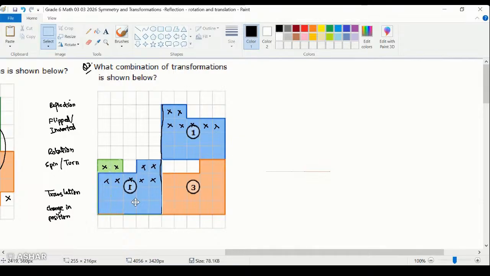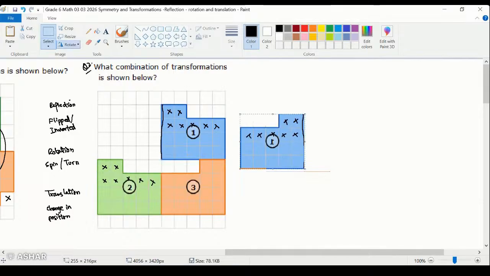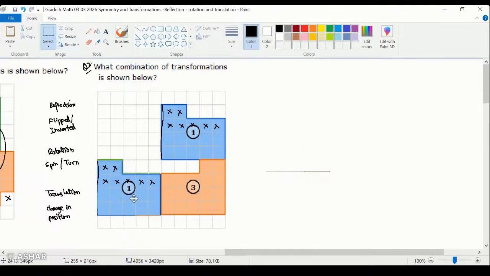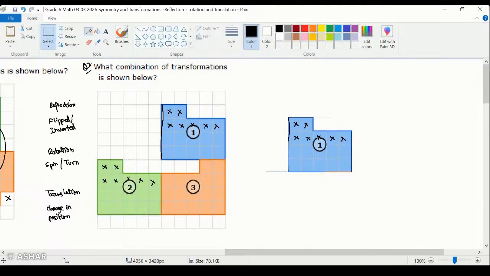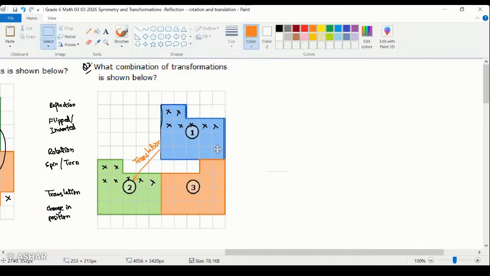But shape number 2 is not like this. Shape number 2 is exactly the same. Only the change done is, from 1 to 2, we are doing translation. Agreed? Because box 1 was kept over here, and what happened was box 1 was moved over here.